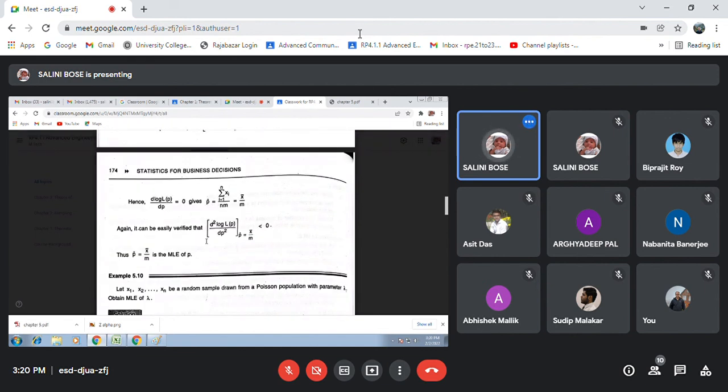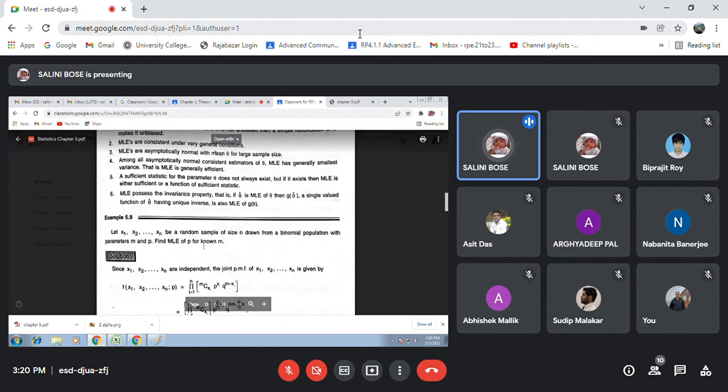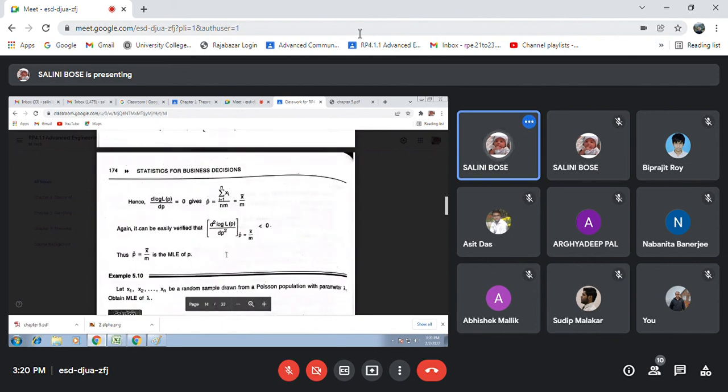So we can say p cap equal to x bar by m is the MLE of p, so it can be said it is the maximum likelihood method. Using the maximum likelihood method also we can estimate the population parameter with the estimated p cap. So this is how the MLE of the population parameter is obtained.